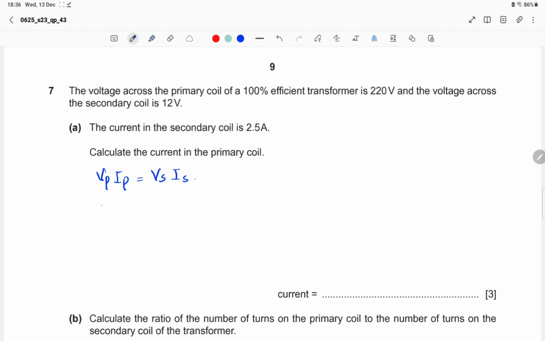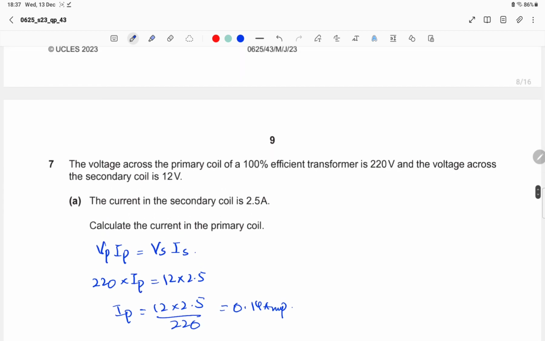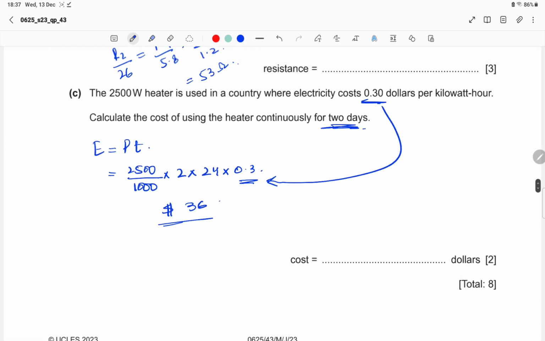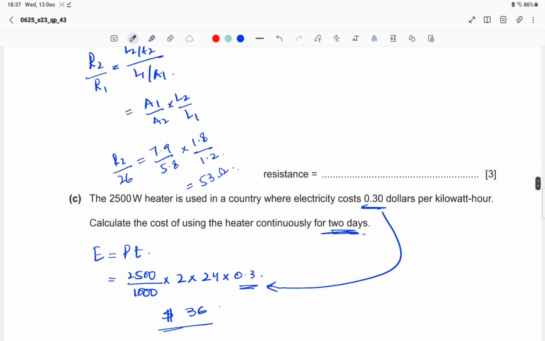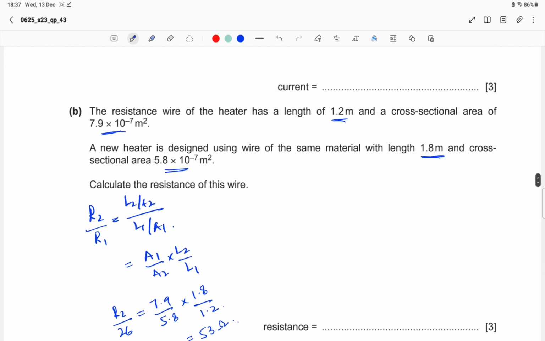So Vp is 220 times Ip, equals voltage in the secondary, 12, times 2.5. Then Ip equals 12 times 2.5 divided by 220, which is 0.14 amperes. This is going to be your final answer, because I have done the two significant figures as well.